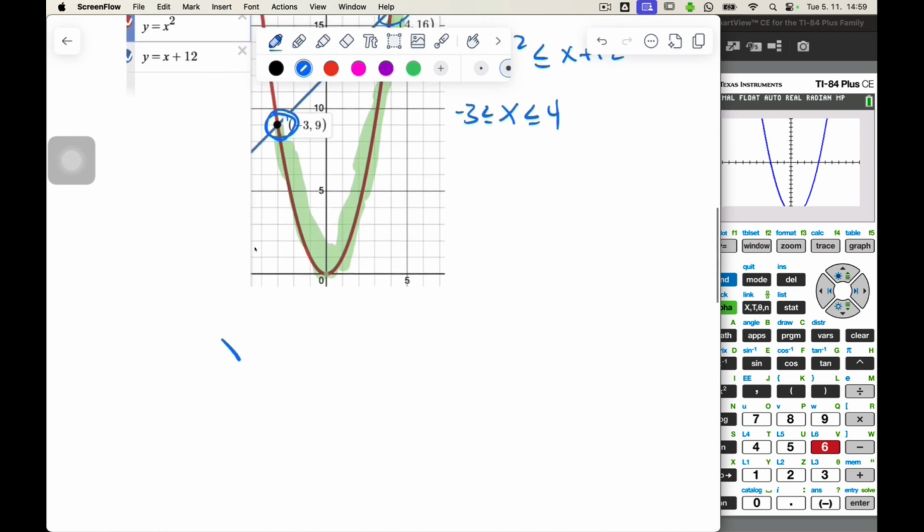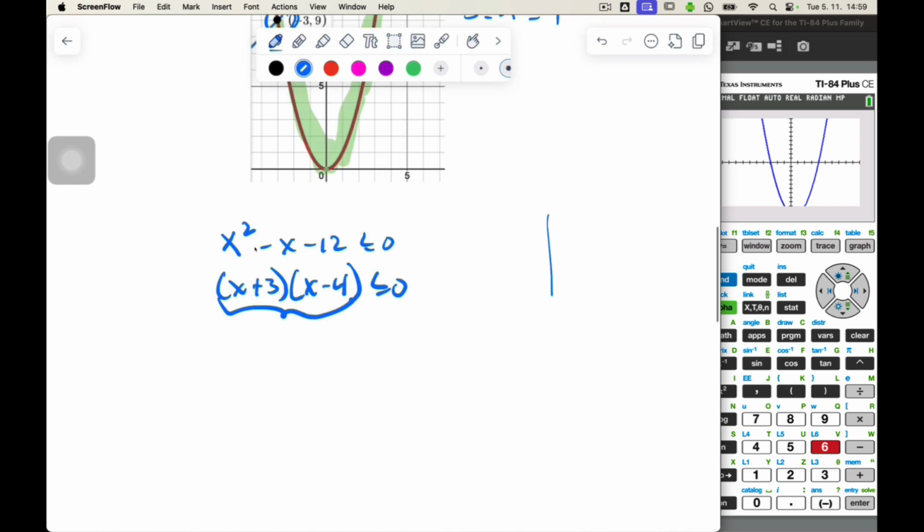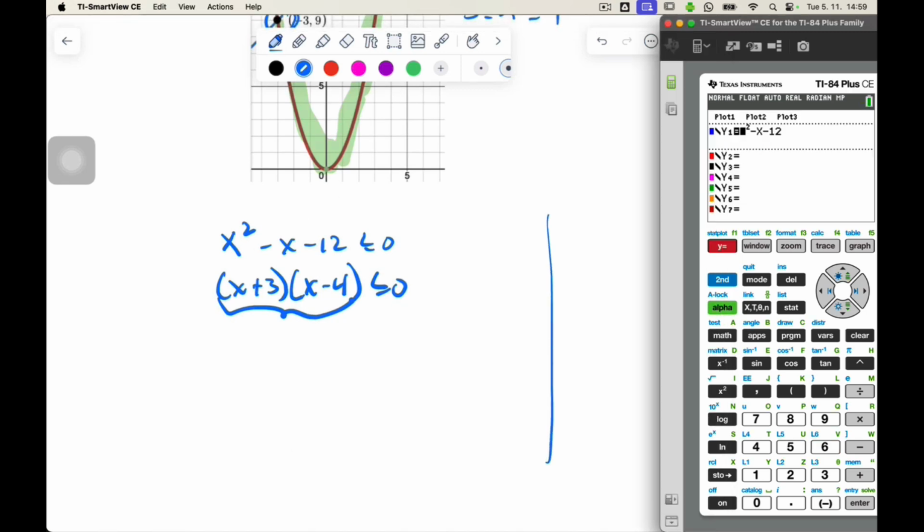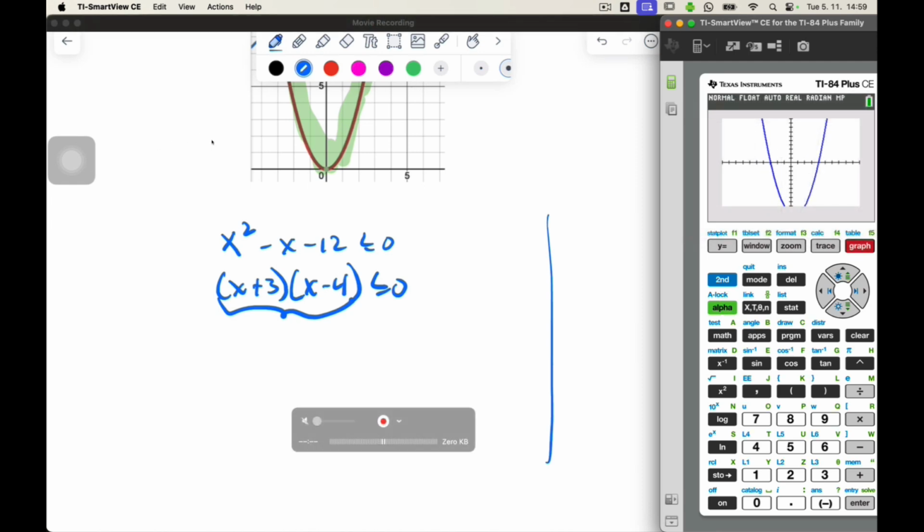The other way I'd consider it is x squared minus x minus 12 less than or equal to 0. If I look at the calculator, I've graphed x squared minus x minus 12, and I know those points here are negative 3 and 4. I want to know when the graph is less than or equal to 0, meaning below the x-axis.